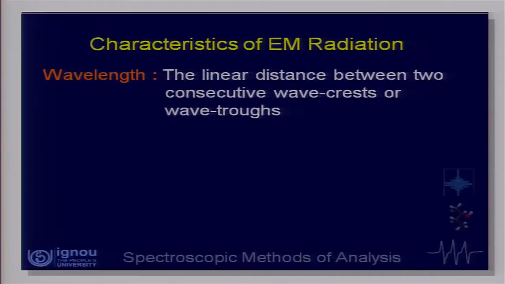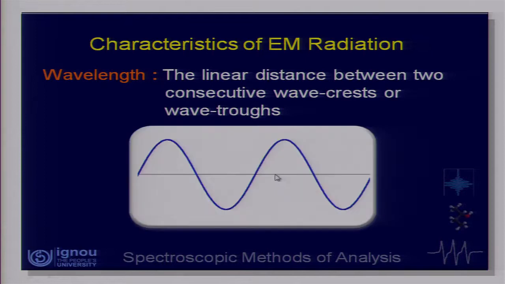Now, let us move further and see what other characteristics of EM radiation there are. Another important characteristic is the wavelength. Wavelength, as the name suggests, is the length of the wave, and it is defined as the linear distance between two consecutive wave crests or wave troughs.